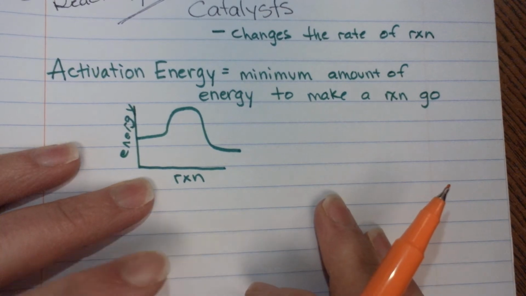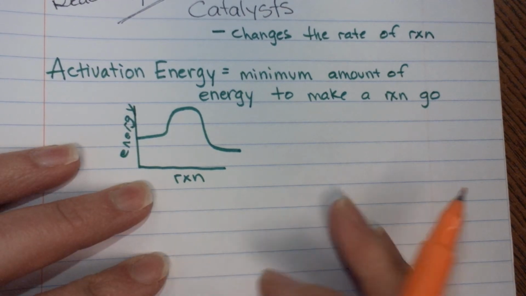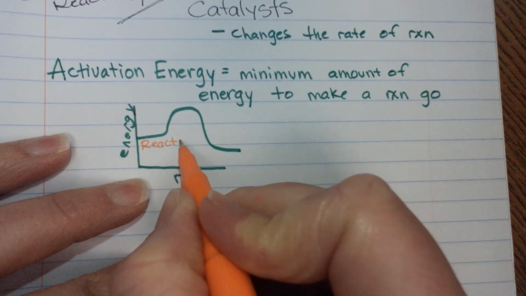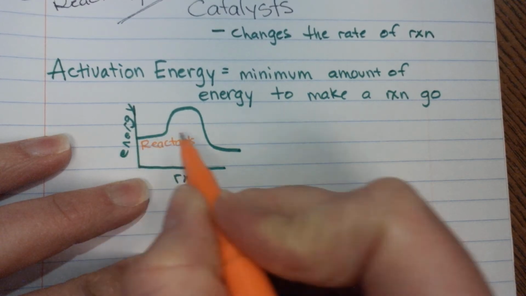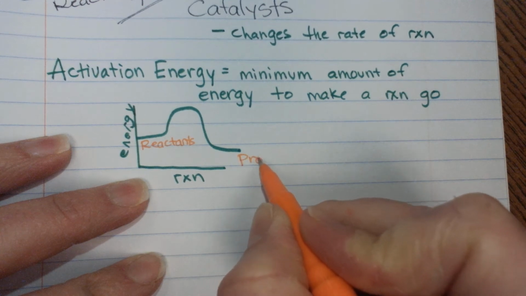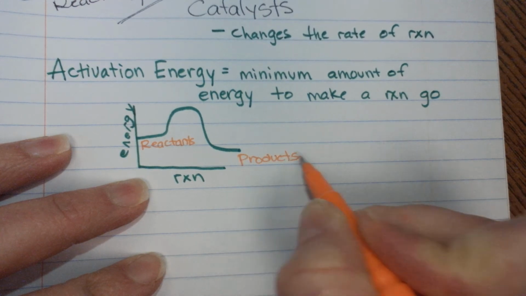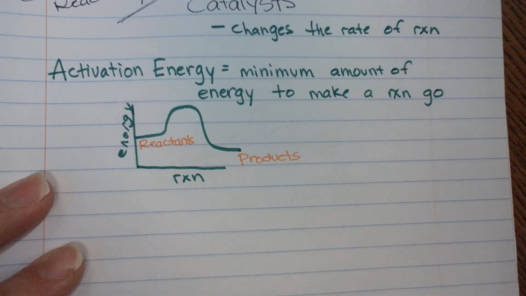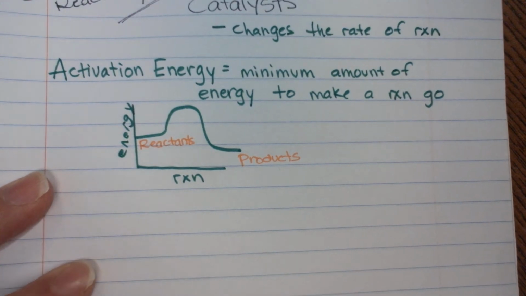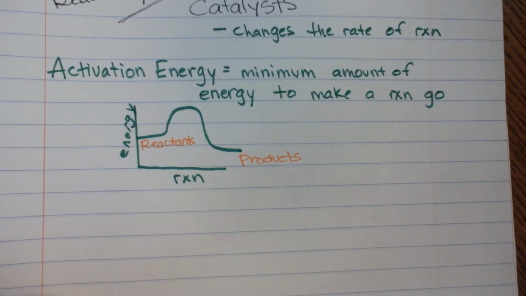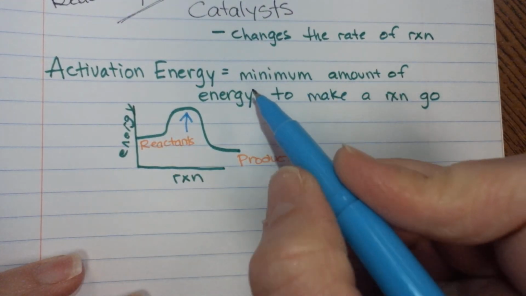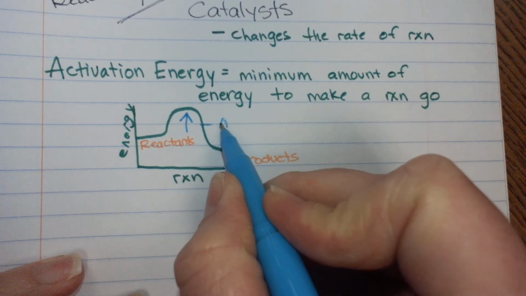What are those things called on the left side? Reactants are on this side. Products are what we end up with, what we produce from the reaction. So this hill right here is the activation energy hill.